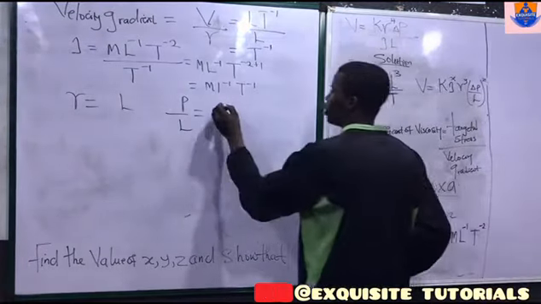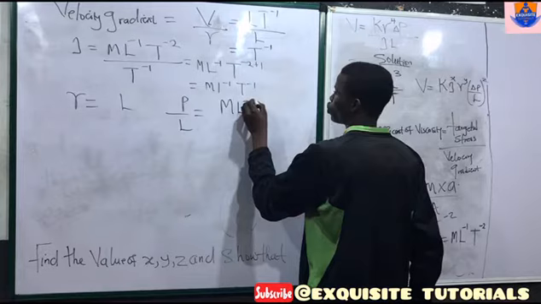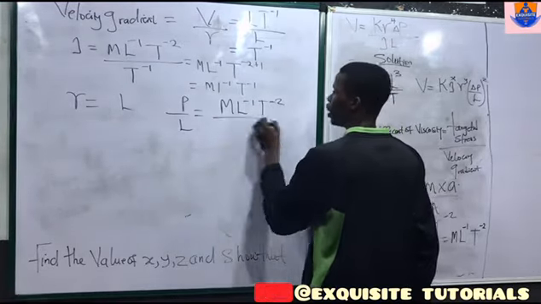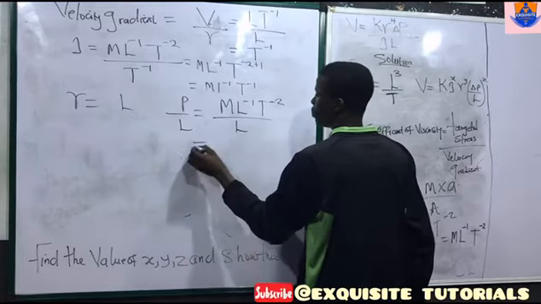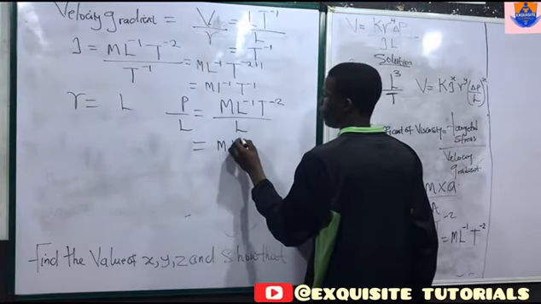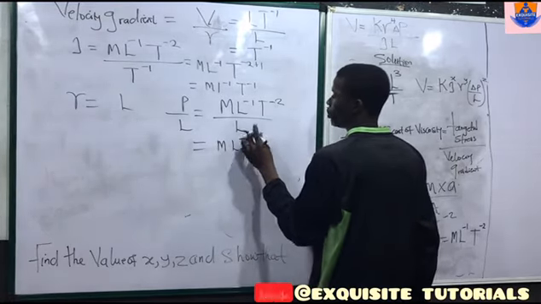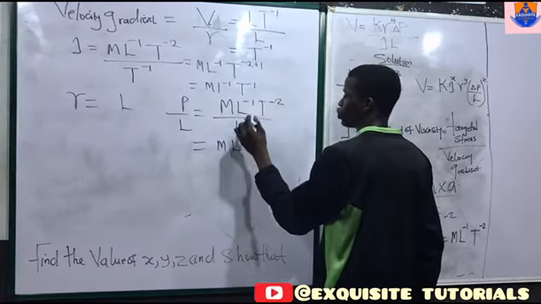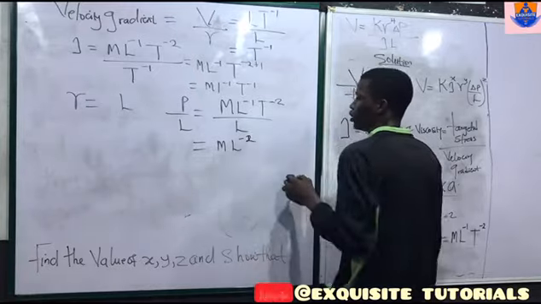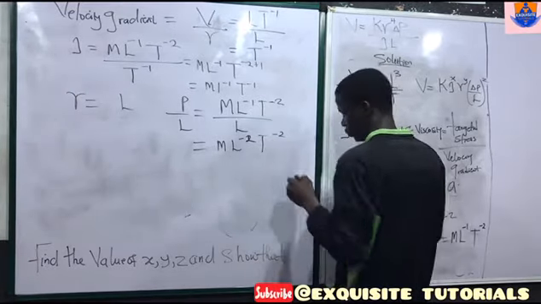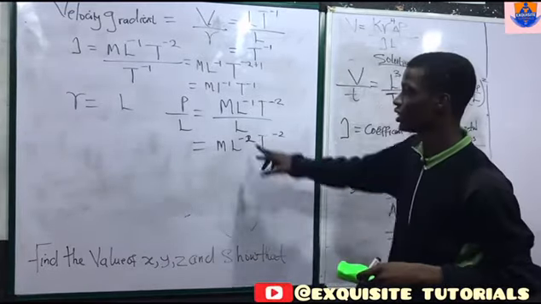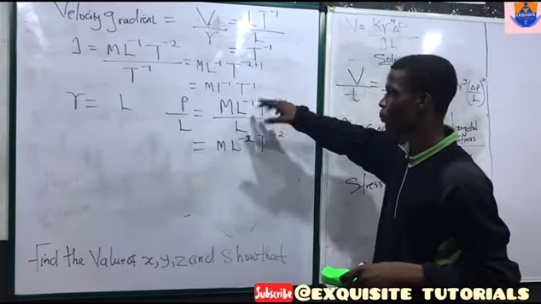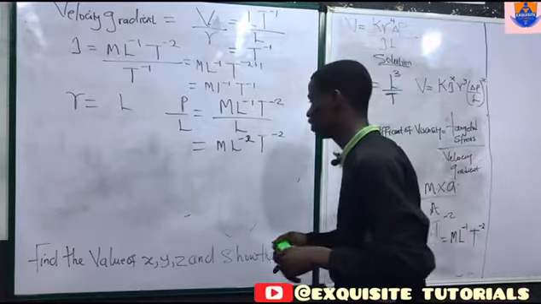So I can just come here, ml raised to power minus 1 t raised to power minus 2 divided by our L. So it will now be ml raised to power minus 1. If you take this guy upward, the 1 will turn to minus 1. Minus 1 minus 1 will give us what? Minus 2. Then t raised to power what? Minus 2. Remember I said you take this guy upward. The positive 1 will turn negative here. So it will now be minus 1, giving you minus 2. So that is the value for that part.